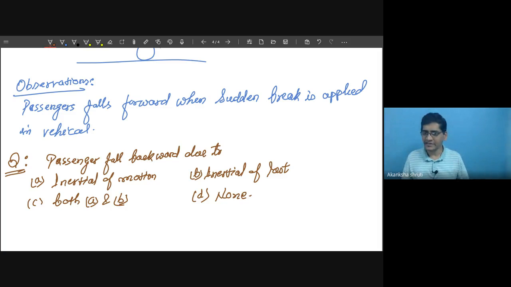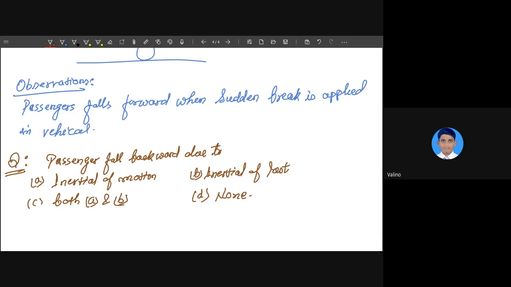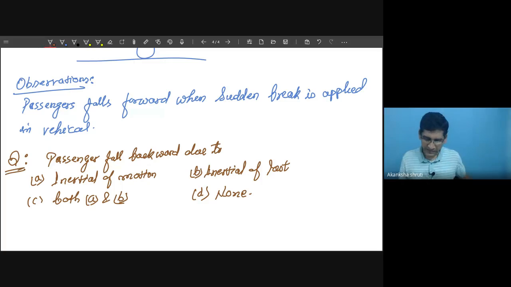What is the correct answer, students? Inertia of rest. Yes. So you have to keep in mind, falling backward is because of inertia of rest. Falling forward is inertia of motion.